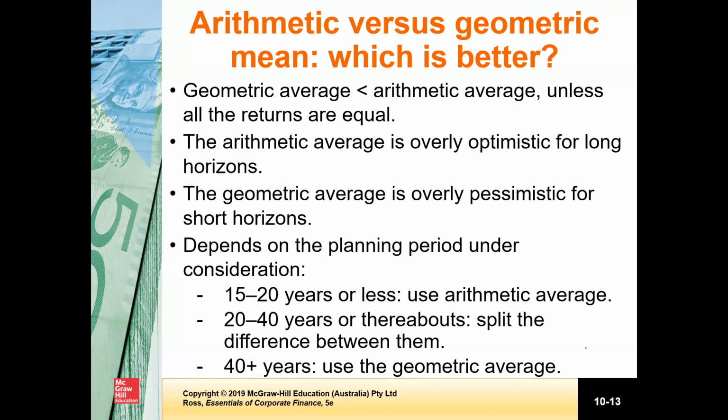A somewhat trickier question concerns which average return to use when forecasting future wealth levels. And there is a lot of confusion on this point among analysts and financial planners. First, let us get one thing straight. If you know the true arithmetic average return, then this is what you should use in your forecast.